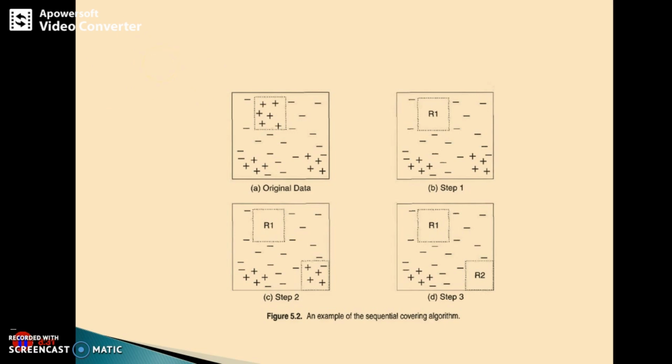If in the given data set that rule covers many records which belong to this mammal class, recall your vertebrate data set, body temperature equal to warm-blooded and gives birth equal to yes gives mammals, right?